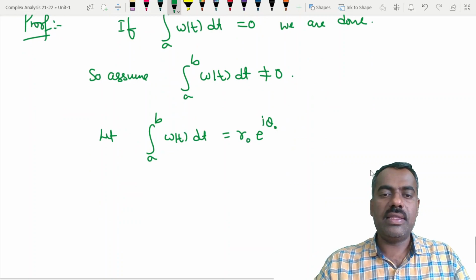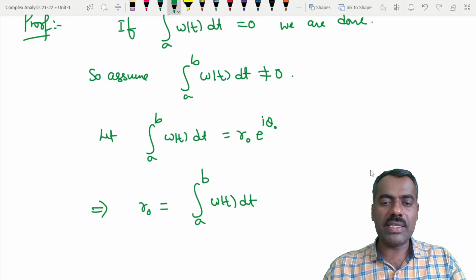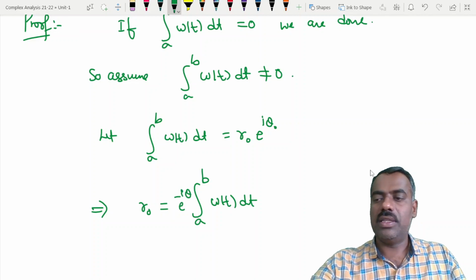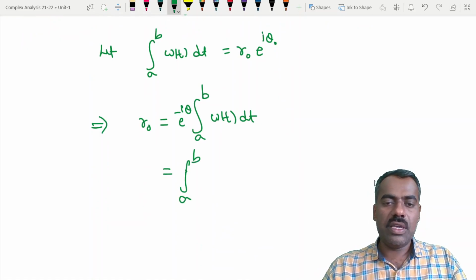Now you can simplify this with some calculations. That means r naught becomes the integral of W of t dt times e power minus i theta. You can bring this inside, so the integral of e power minus i theta W of t dt is r naught.